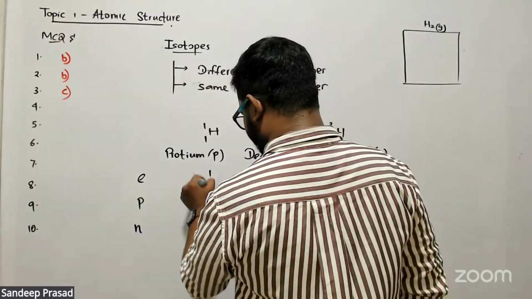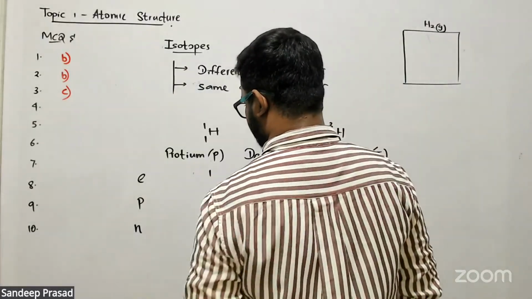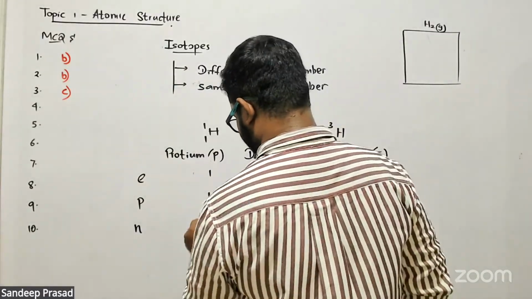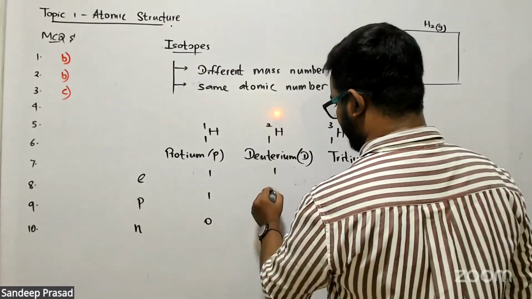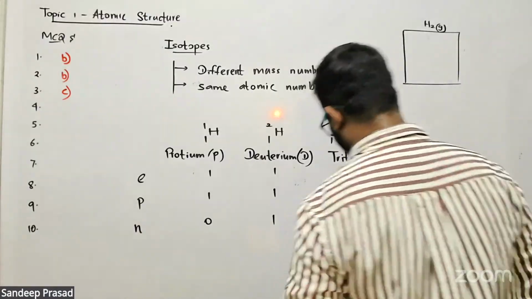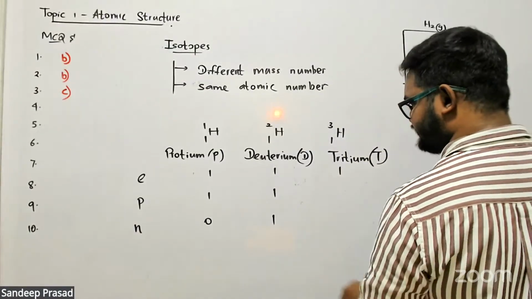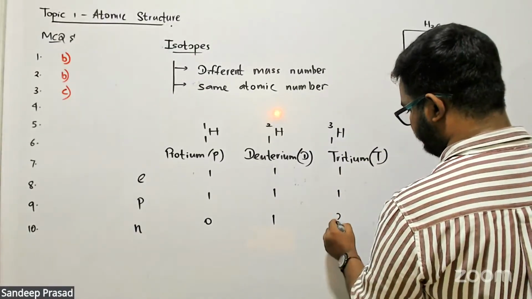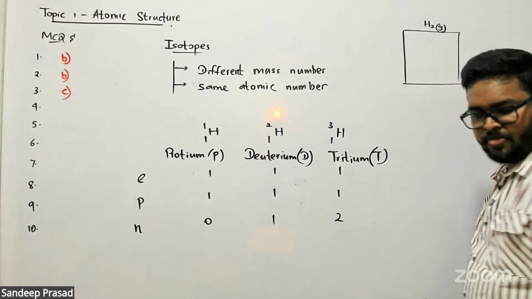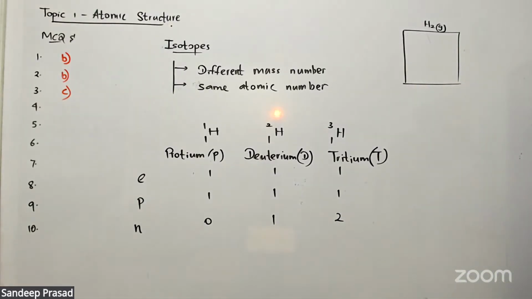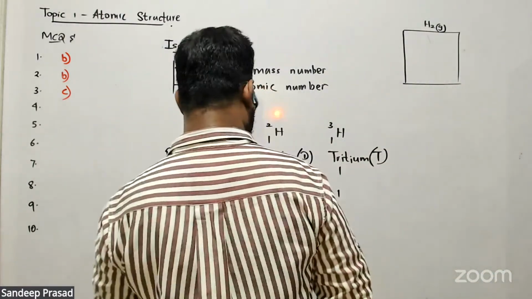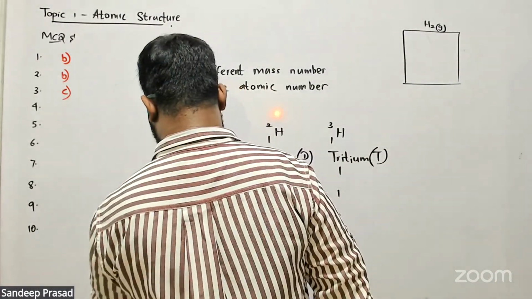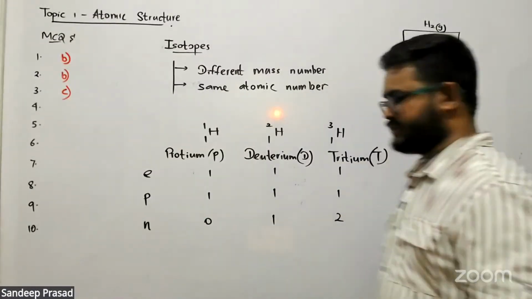In protium, we have 1 electron, 1 proton, and 0 neutrons. Deuterium, 1 electron, 1 proton, 1 neutron. Tritium, 1 electron, 1 proton, 2 neutrons. In this way. Understood? Right? So these are the electron count, proton count, and the neutron count of the isotopes.